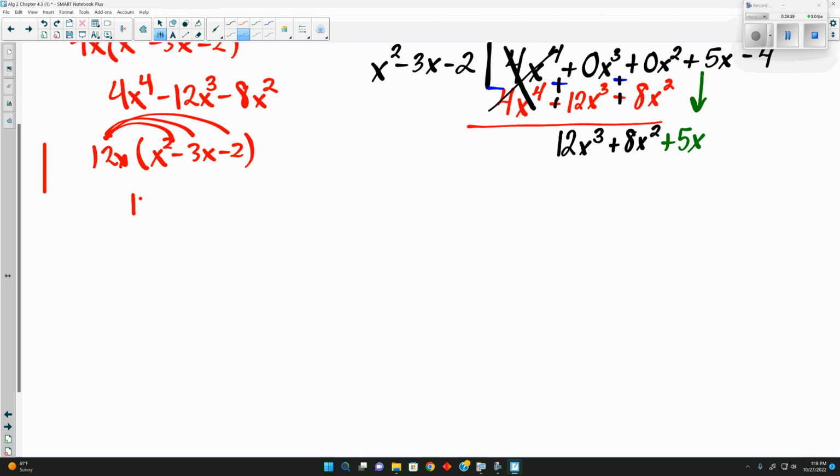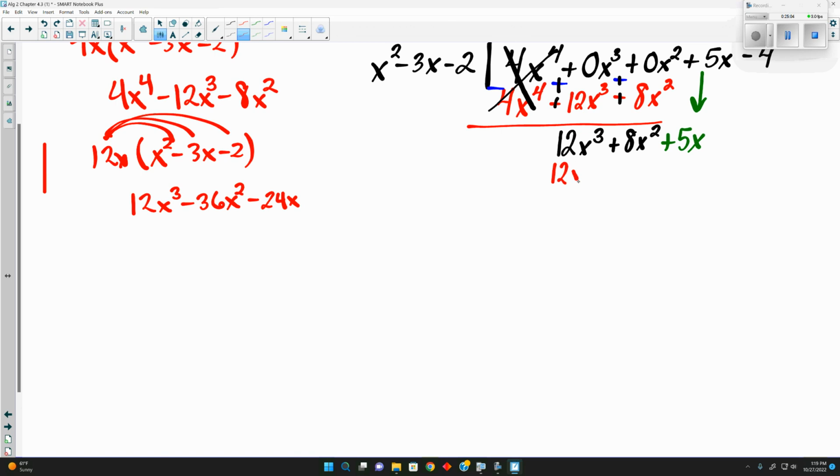12x times x squared is going to be 12x cubed. Then we'll do 12x times negative 3x. Well, 12 times negative 3 is negative 36x, and it'd be squared, because x times x would give us x squared. And 12x times negative 2 is going to be negative 24x. And we'll put this right underneath.